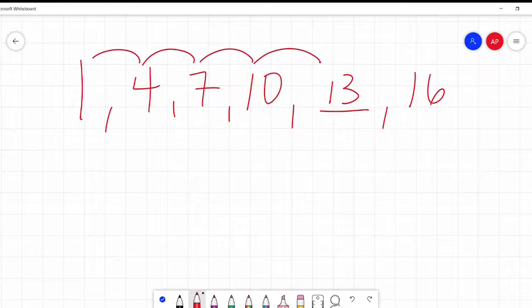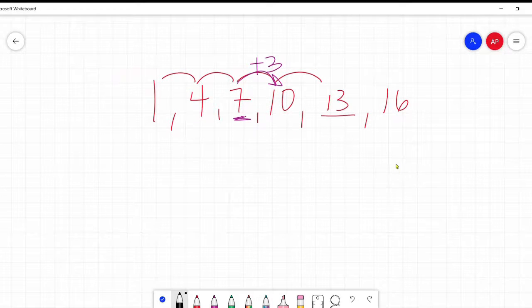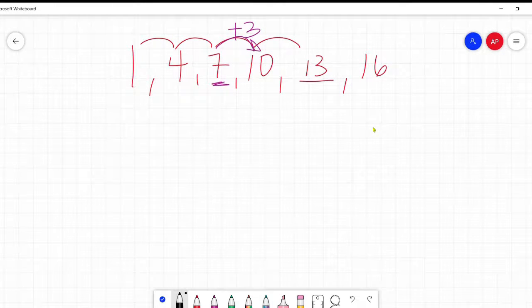That is what a recursive formula is based off. It's basically saying you take the previous number and do something to it. In this case, add 3. And this is how it's written. Well, it actually has 2 parts. And it should become pretty clear why it has to have 2 parts. So we have our a sub n again.